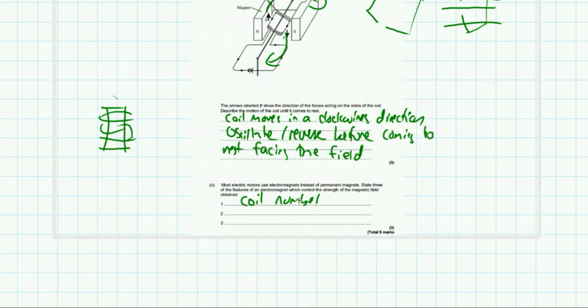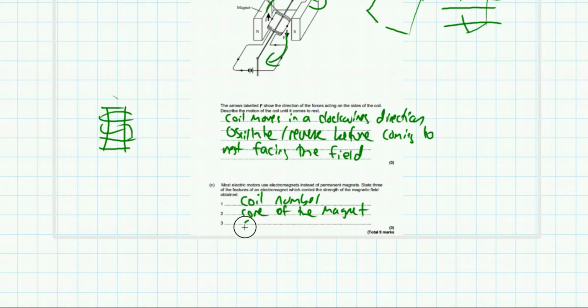The more coils you have, the better. Then the core of the magnet: you can use air, or you can use an iron core. An iron core will produce a stronger magnetic field because it's a magnetic material, while air will still produce a magnetic field but not as high.